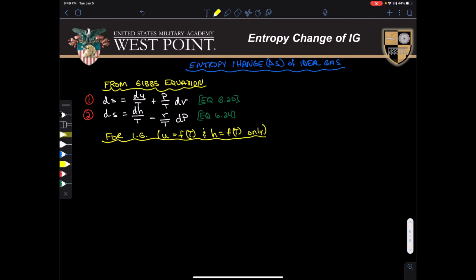A reminder that our differential change in internal energy is equal to our specific heat at constant volume times the differential change in temperature.